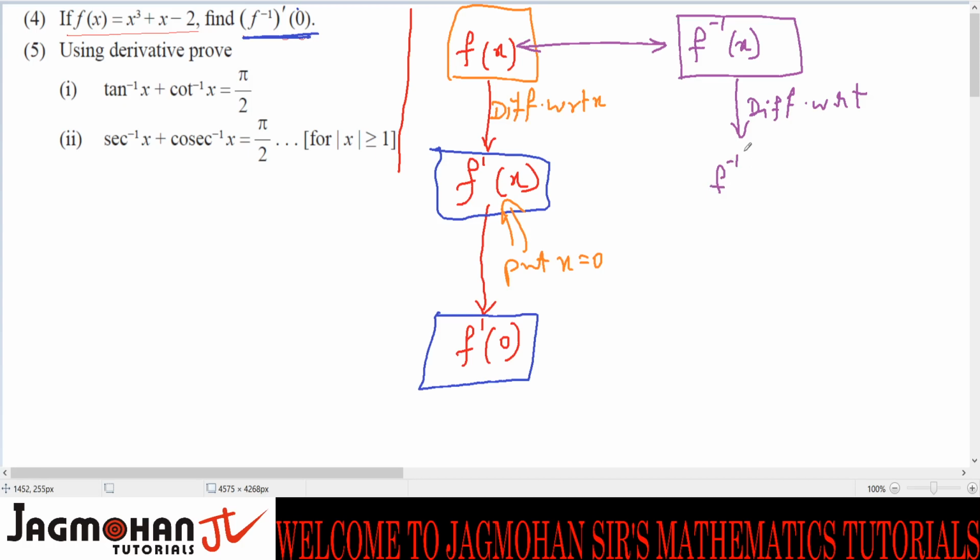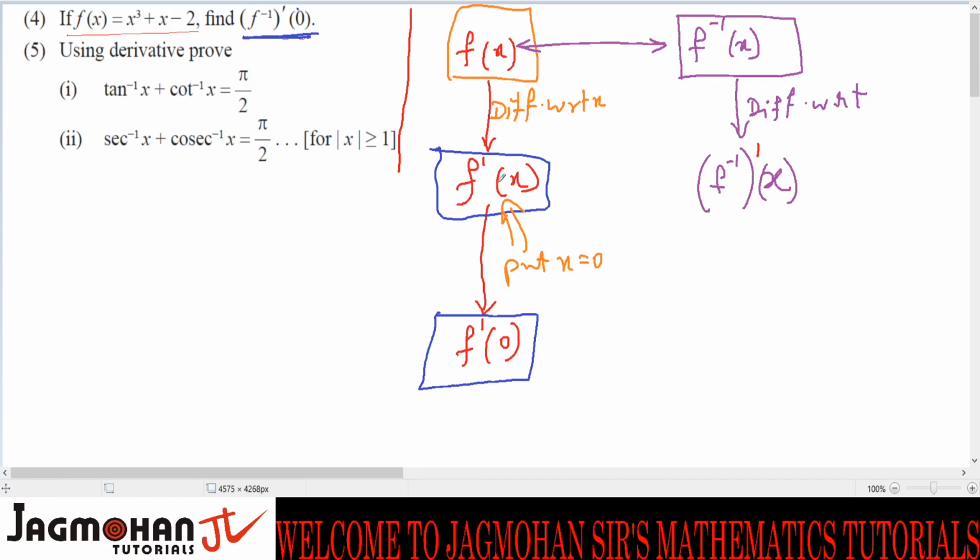This is f inverse dash of x. Very simple. F of x, f dash; f inverse, f inverse dash. So f inverse dash, that's it.